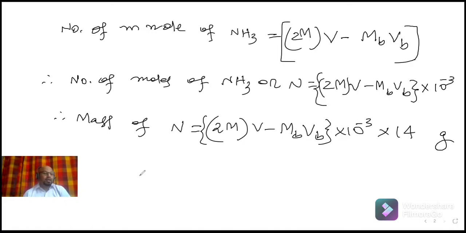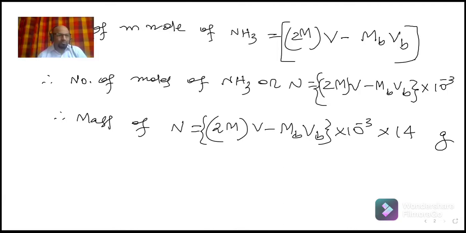Okay. Now our job is to calculate the amount of nitrogen present per 100 gram of the sample. So we can write now by unitary method, W gram of sample contains how many gram of nitrogen?